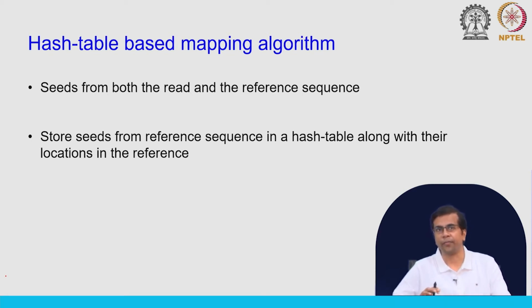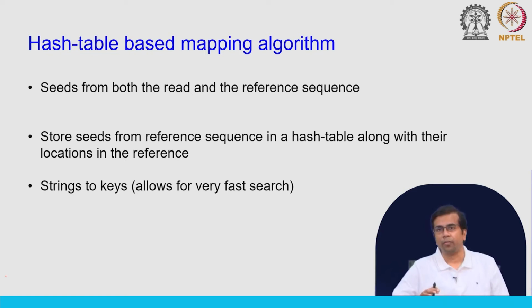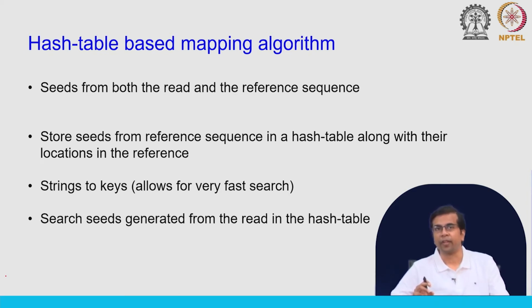Okay. So, we will take an example to understand how this is done, and I will also describe what a hash table is. Now, what this hash table does is it converts these strings or substrings to something called keys. Okay. And for each key there will be a value, and that value would be the location. Now, this is a data structure, and the moment you do this, it allows for very fast search. You can very quickly look up the hash table and find out the location of that seed. Okay.